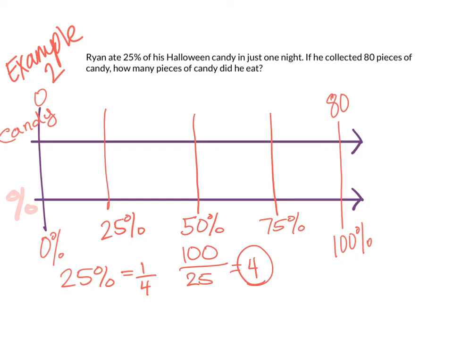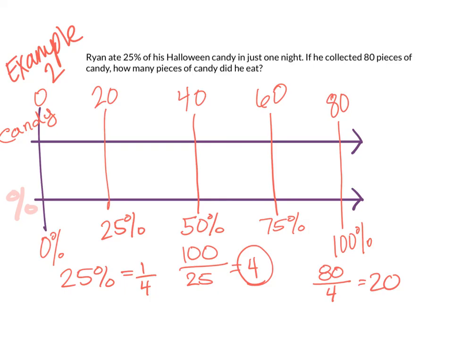So we can take 1/4 of 80, or we could divide 80 by 4. 80 divided by 4 gives us 20. So we know each of our sections of pieces of candy are going to increase by 20. So 20, 40, 60, and 80.